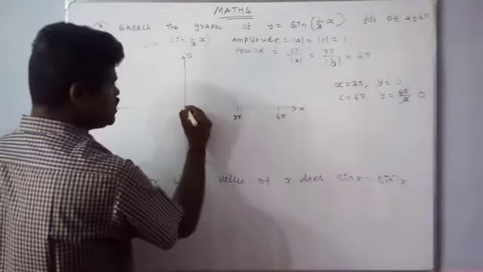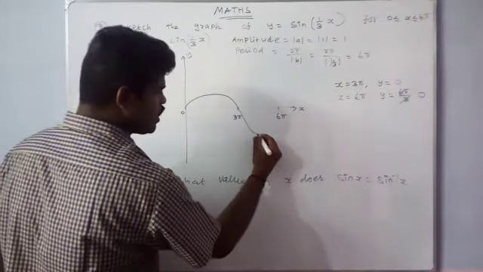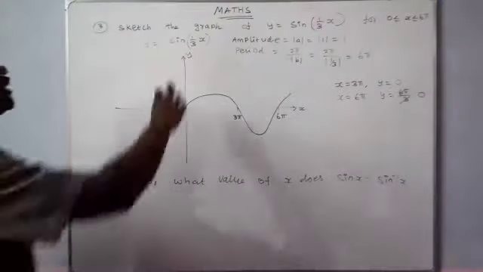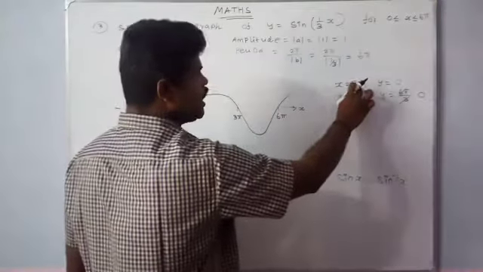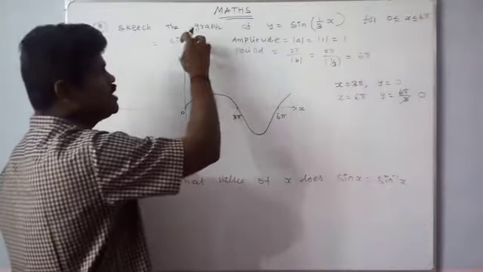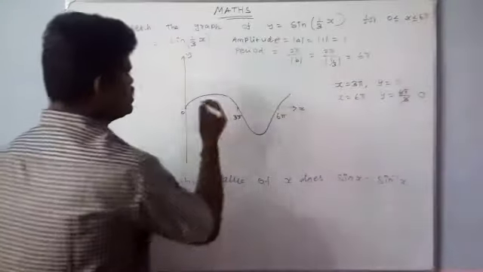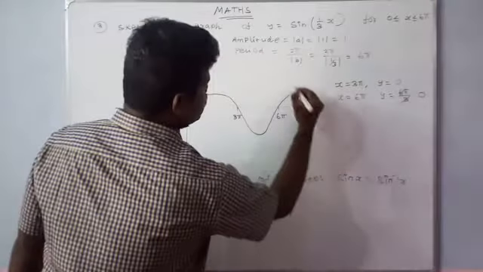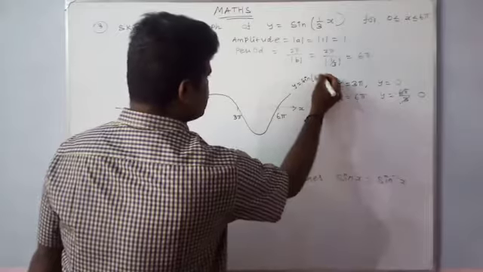The graph comes to 3 pi, 0, and we go to 6 pi, which is also 0, because sine 1 by 3 x. We put the x value as 3 pi here. 3 cancels, sine pi. Sine pi value is 0. So this is the graph of y is equal to sine 1 by 3 x.